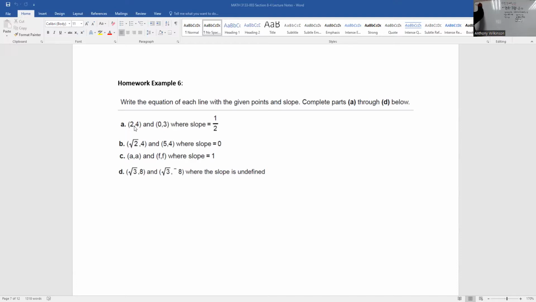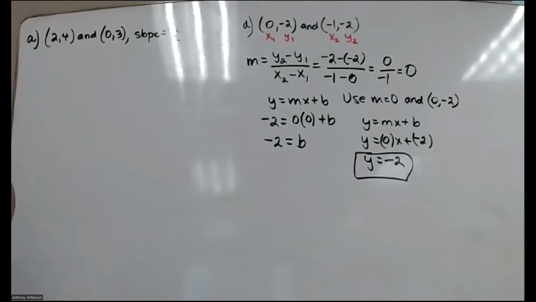Part A, you got 2, 4, and 0, 3. And in this case, your slope is 1/2. So here the slope is 1/2, and you got the ordered pairs 2, 4, and 0, 3.